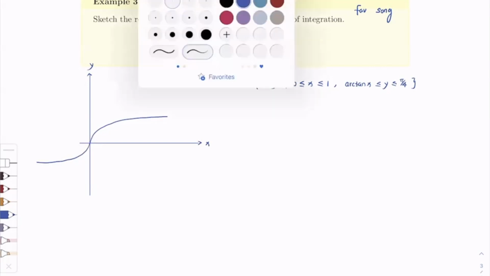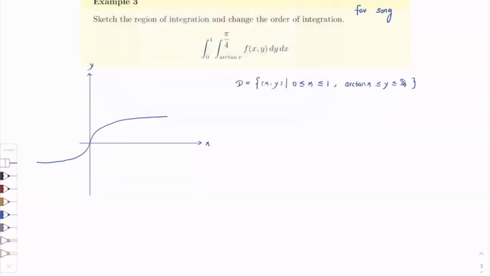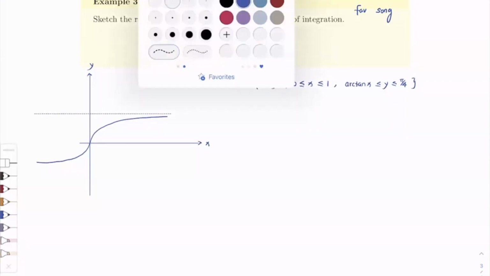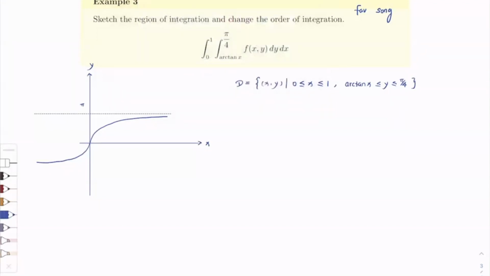And we draw the horizontal asymptote. And this part, this is pi over 2. And it's from arctan x to pi over 4. So pi over 4 will be somewhere here. So this part, and here is 1. So this is the region we're looking for.